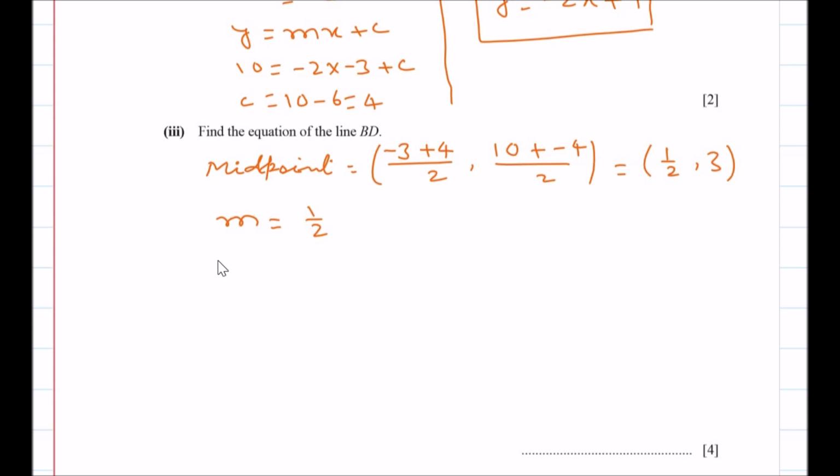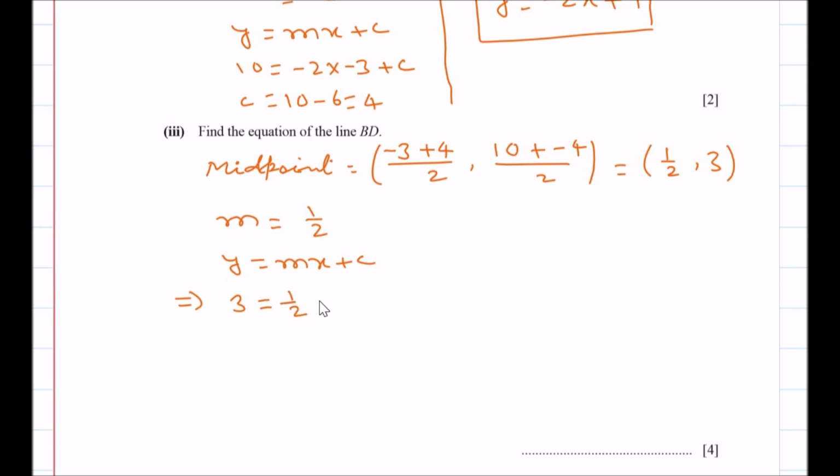Okay. So now we have to write the equation y equal to mx plus c. So let's put the value of this point and gradient to find c. So y is here 3. Put 3.